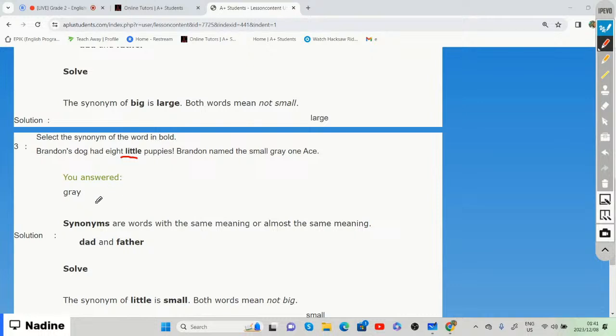So now we need to find a word that is similar to little. What is a word that is almost the same as little?